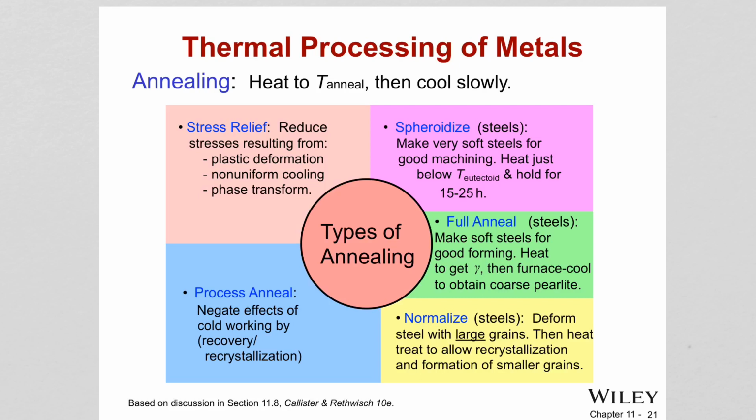And they can be easily machined and deformed. And in the spheroidizing treatment, basically cementite particles form spheroid particles. And this can be achieved by heating the alloy just below the eutectoid temperature and then holding it at that temperature for up to 25 hours.